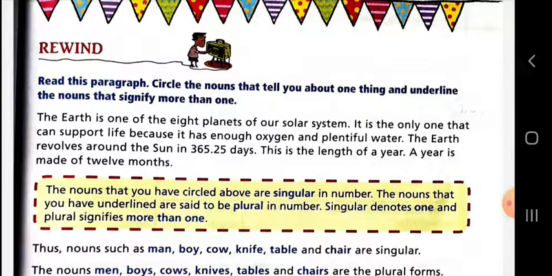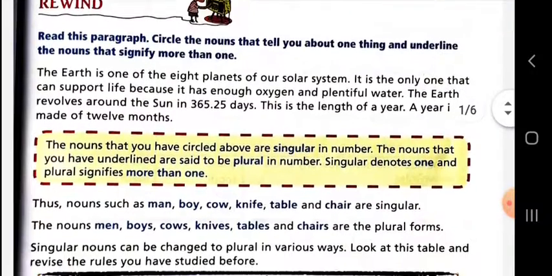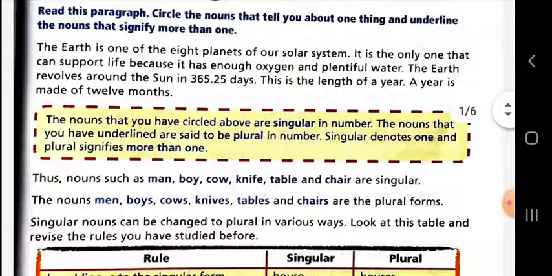The noun that is only one in counting is called singular number, and the noun that is more than one is called plural number. You can understand it this way: the noun which denotes one person or thing is singular, and the noun which is used to denote more than one person or thing is called plural.